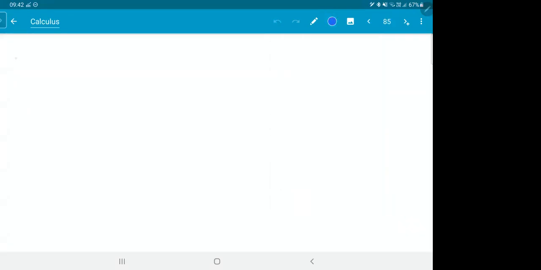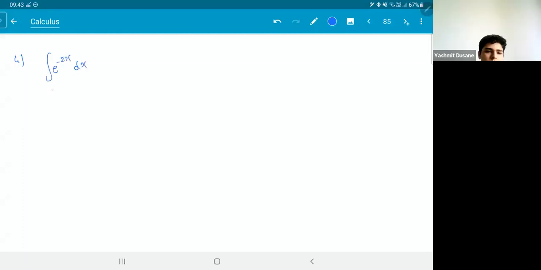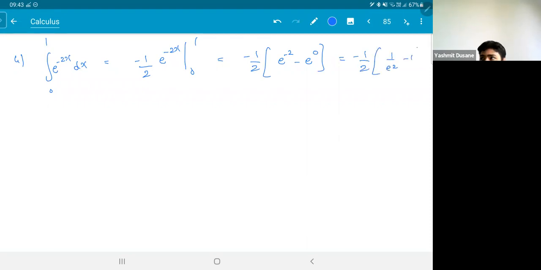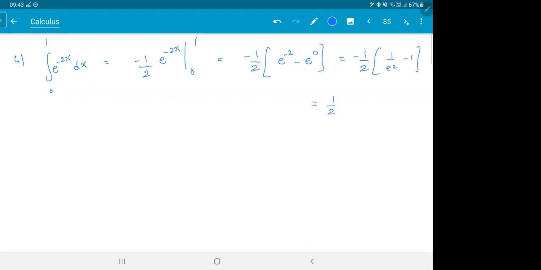What about e power minus 2x? That's your answer.